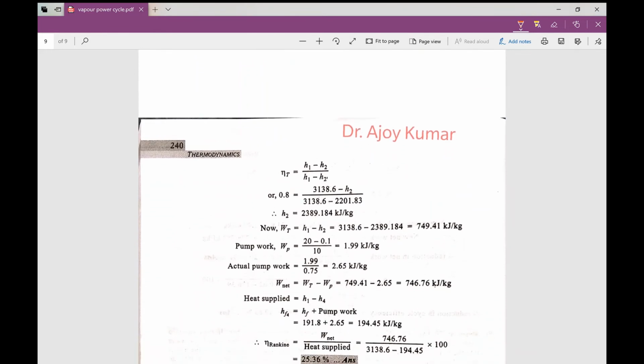So turbine efficiency now could be (H1 minus H2), where H2 is your actual expansion, divided by (H1 minus H2 dash). So we can calculate turbine efficiency first.